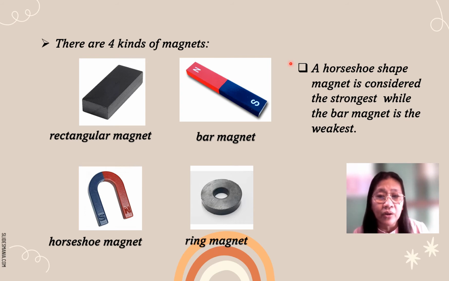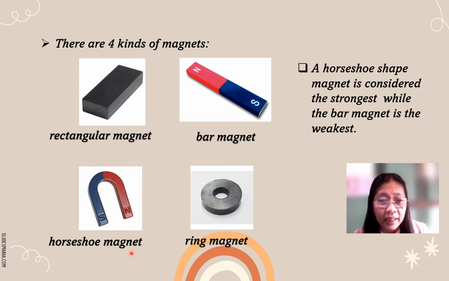Why do you think the horseshoe is the strongest magnet? Okay, look at the illustration of a horseshoe magnet. It is considered the strongest magnet because the poles are pointing in one direction.